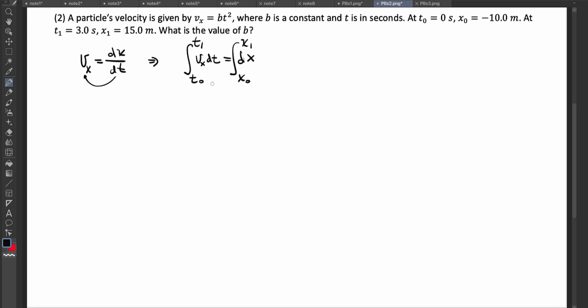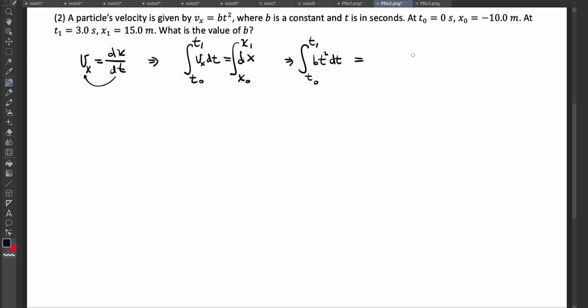After I do the integral and substitute in the values, I should be able to calculate the constant b. Okay, so let's do that. Now I need to plug in the expression for v_x, which is b t squared dt, with lower bound t naught and upper bound t1.